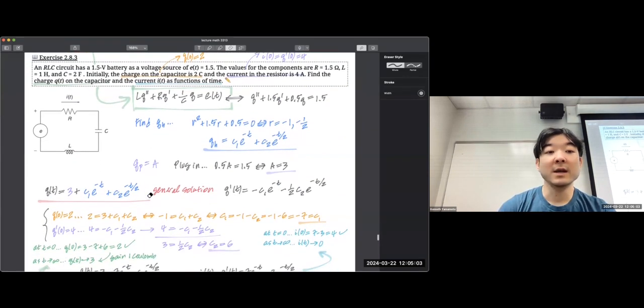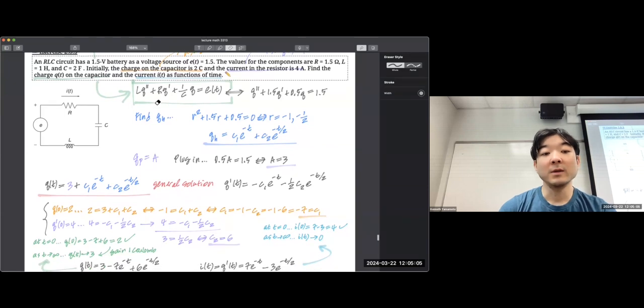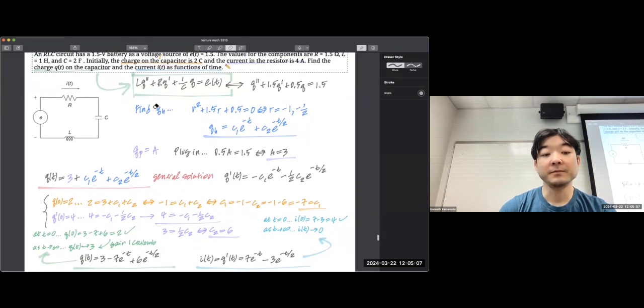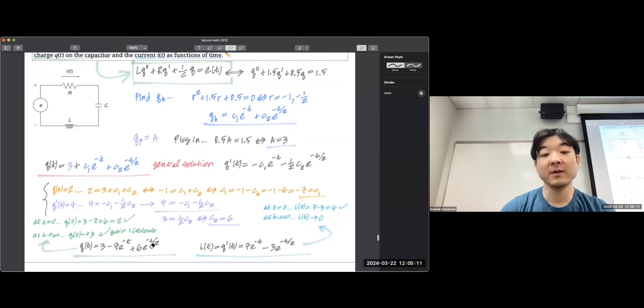And you can just solve this because we know how to solve these types of equations. So we looked at one example here where we saw that the charge is going to equal this as it evolves, and then the current is this. Initially there's a charge of 2 that grows to 3, so it gains 1 coulomb due to the battery.